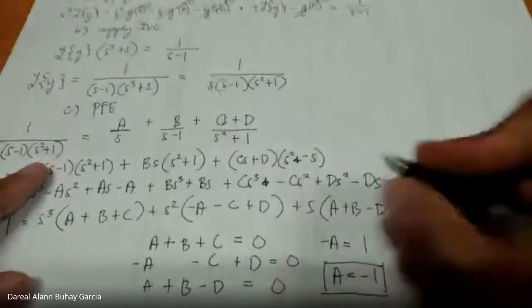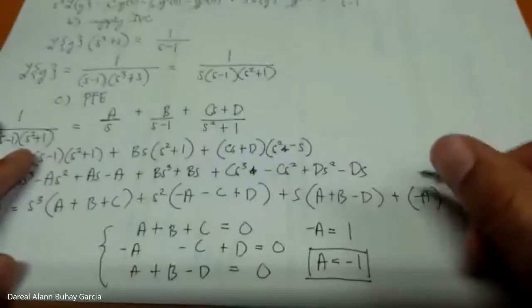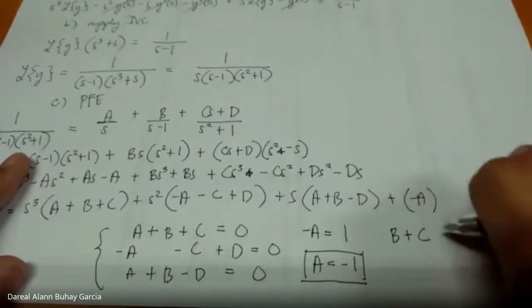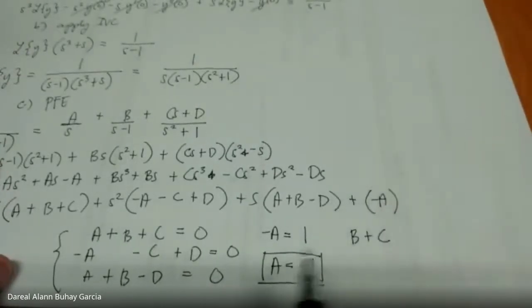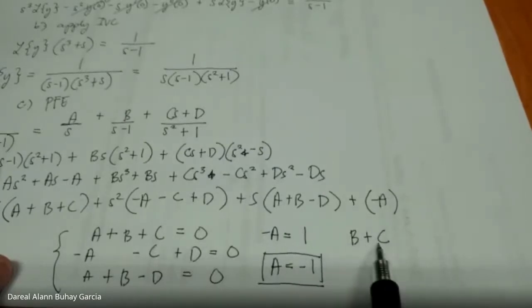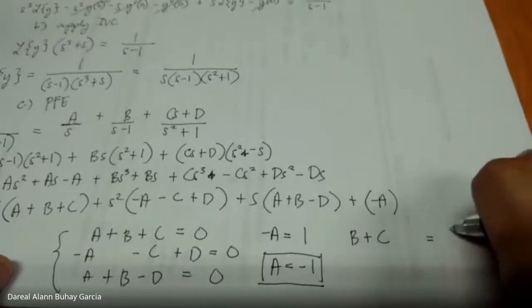Okay, so simplify. Negative 1 plus b plus c equals 0, so b plus c is equal to positive 1.